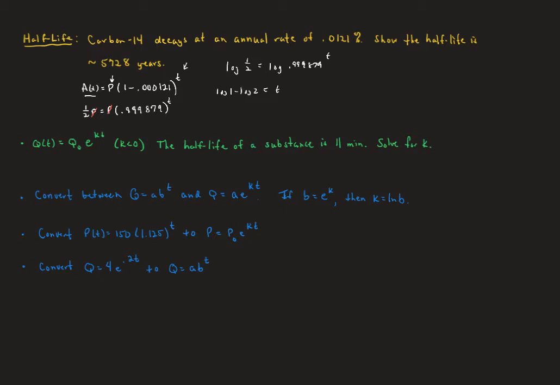Here we're going to bring the t in front using that property of logarithms and leave the rest of it the same. And you don't have to do all this, but it's kind of nice to refresh our memory. The log any base of 1 is 0, so that's going to be a negative log of 2. We're going to divide that by the log of 0.999879 in order to get our t, and let's see what that is.